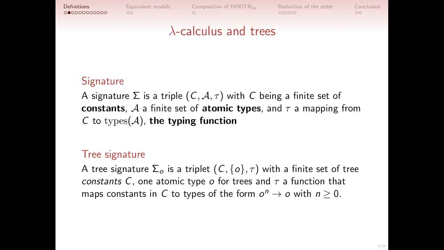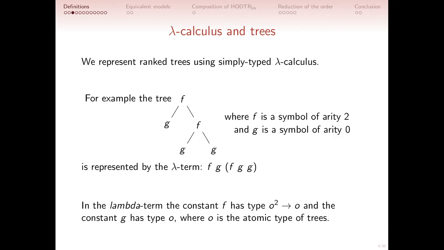We use tree signatures. A tree signature is composed of an atomic type, a set of constants, and a typing function that gives types to these constants. The constants represent the labels you can have on a ranked tree. Each constant has a type which corresponds to the arity of the label it represents.